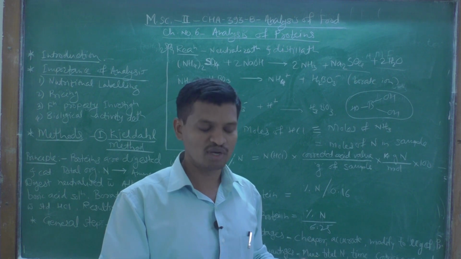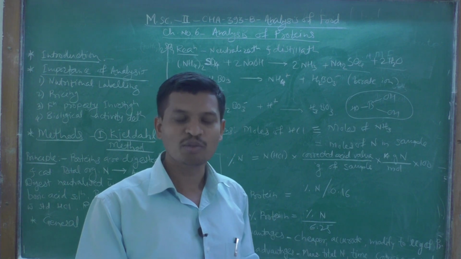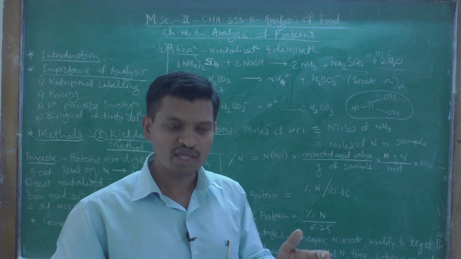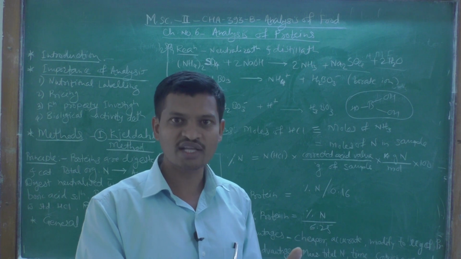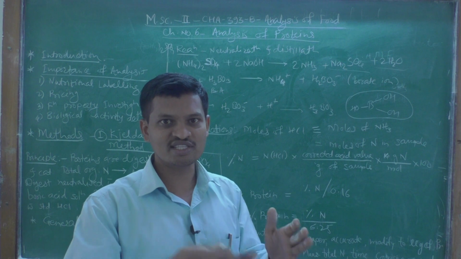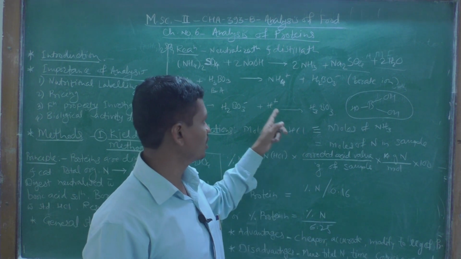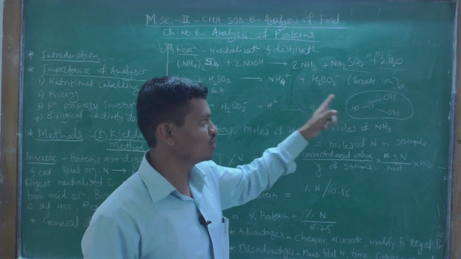Or sorry, number of nitrogens. Instead we can say the moles of nitrogen present in the food sample. So this is the corollary between the HCl, borate ions, ammonia, nitrogen and protein. This is the sequence: HCl is equivalent to borate ions, which are equivalent to ammonia.